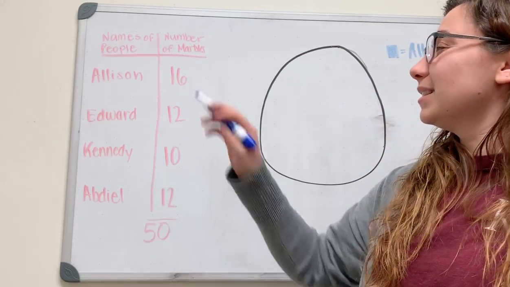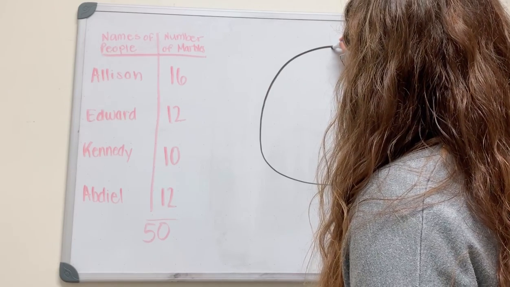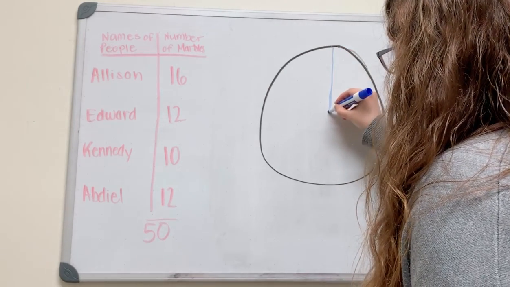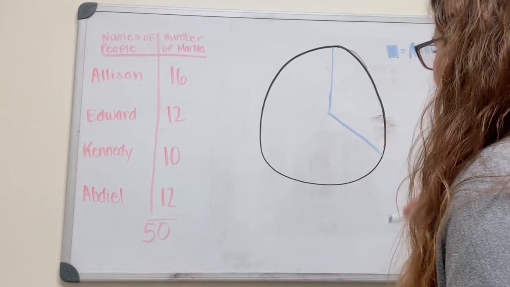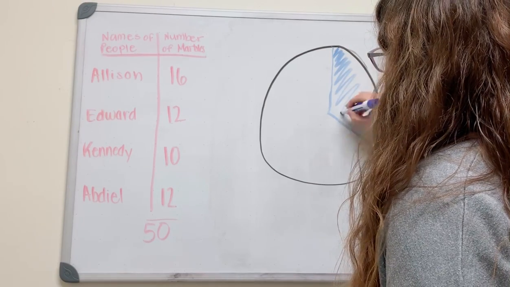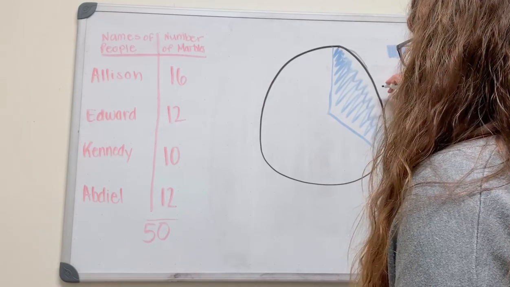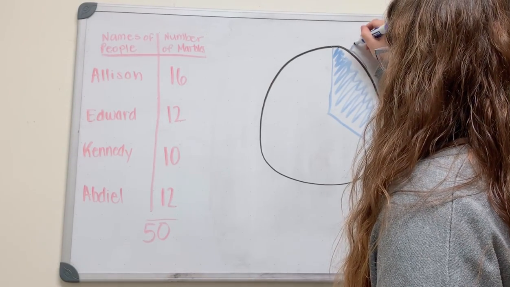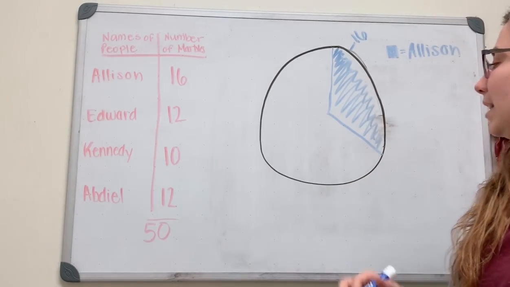And 16 is a little bit more than that. So 16 is a little bit more than a quarter. And color that in, shade it in so we know, and then we can make a little note here that shows us 16.